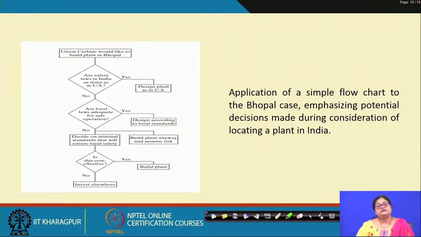If yes, will these other systems adequately prevent accidents? If no, then defer maintenance. If yes, perform maintenance. This is an alternative flow chart for the Bhopal case, emphasizing decisions made when deactivating the flare tower for maintenance.